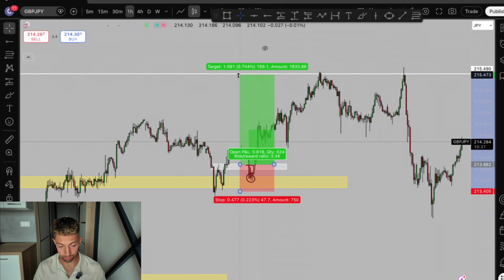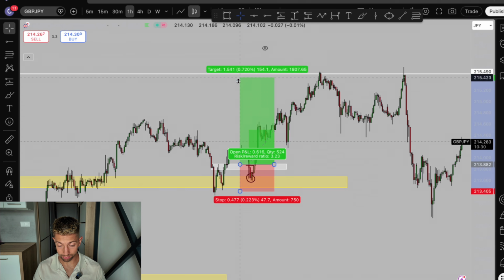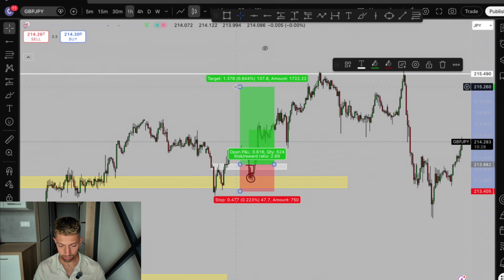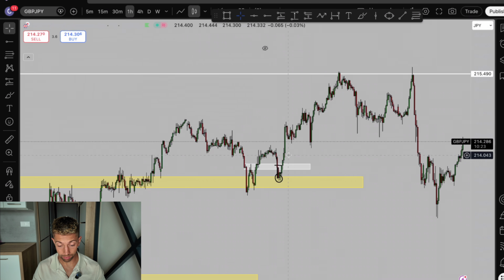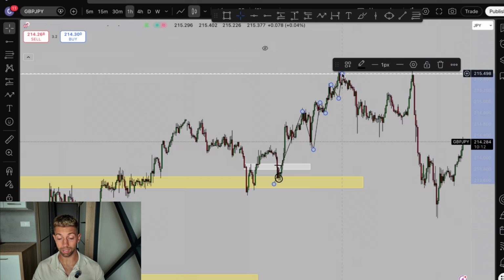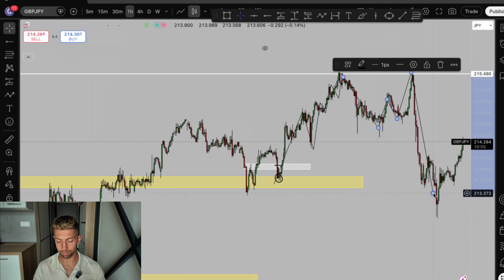Original TP was here, which we actually hit the TP to the T, but as I said, I was satisfied with here. And yeah, so basically I entered right here, stop loss was under here, and then price did exactly what I expected. Price just was creating this structure to the upside, to the upside, to the upside, until we reached our take profit, and from that point price reversed and went down.